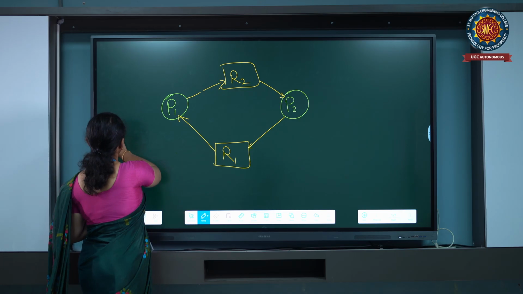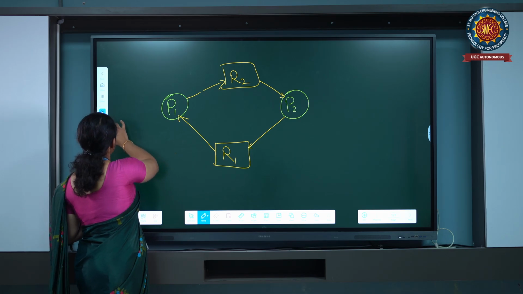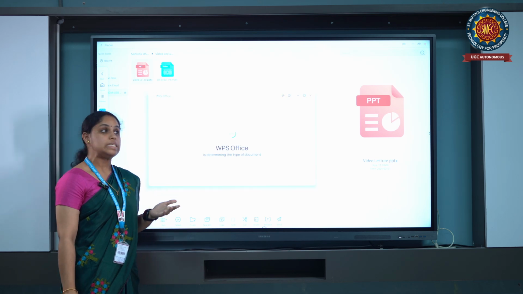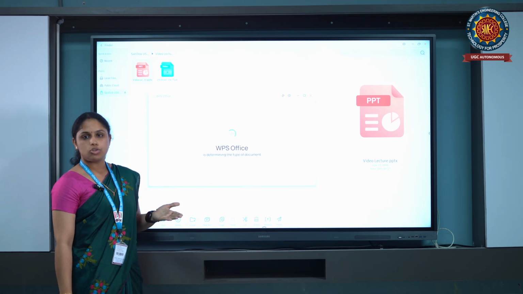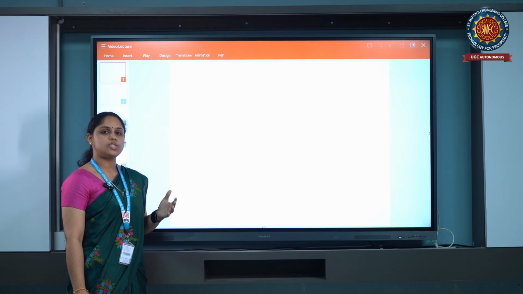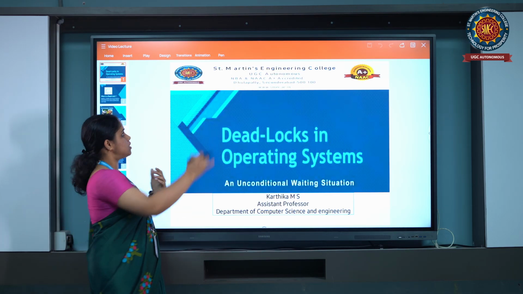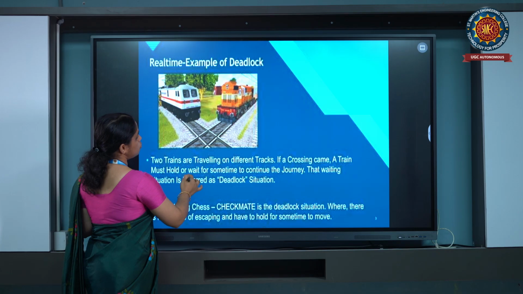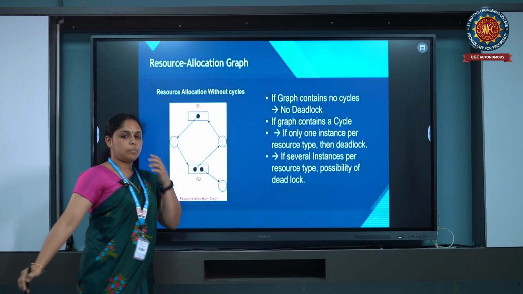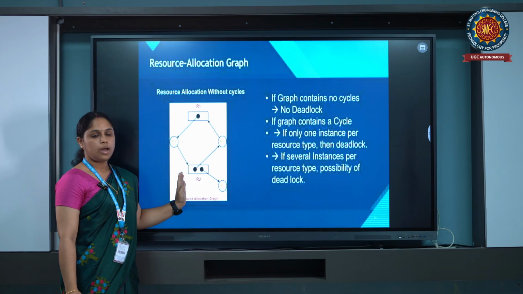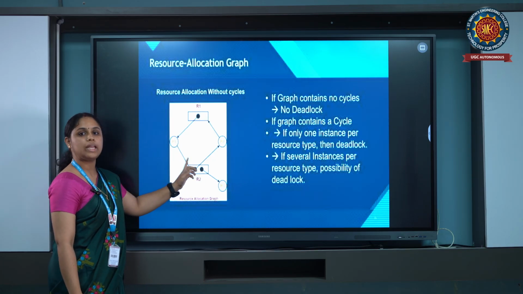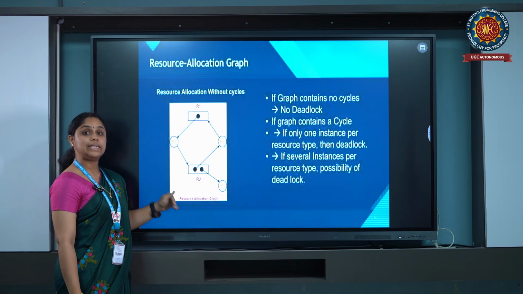Next, there is one situation called multiple instances of a particular resource. Just assume that there are two processes and two resources, R1 and R2, but here in R2 you can see two dots. The meaning is R2 has multiple instances.